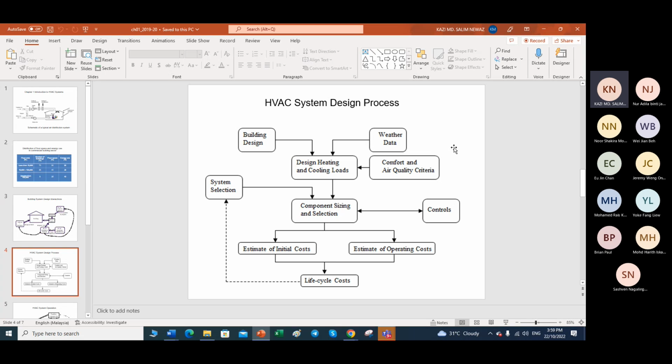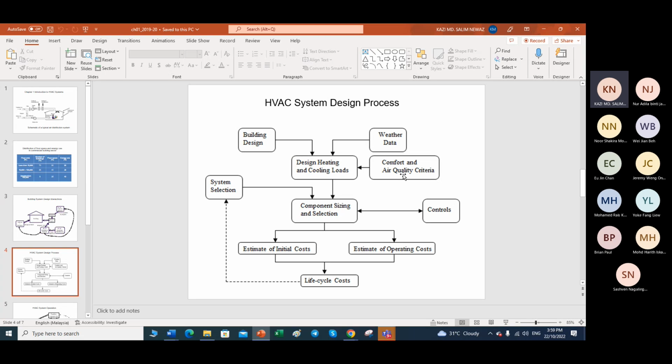If we see the design process, we can see the design heating and cooling loads. We have to get the information about how much cooling will be done. That is guided by the comfort and air quality criteria. Previously we discussed that there are 5 criteria maintained in comfort air conditioning. Those we will see in course of time. It also varies severely according to region.